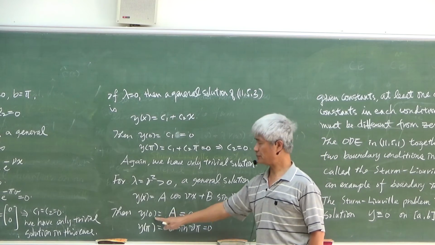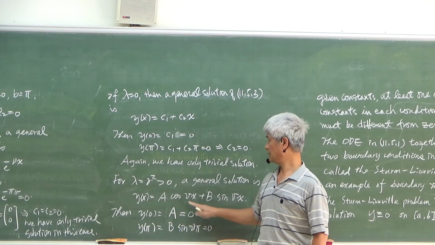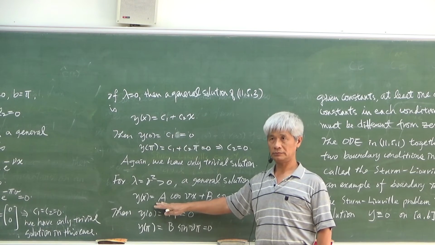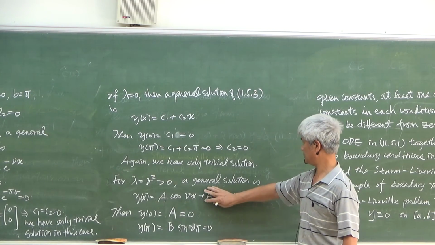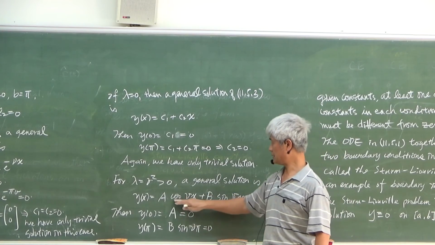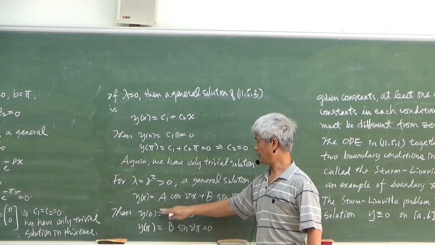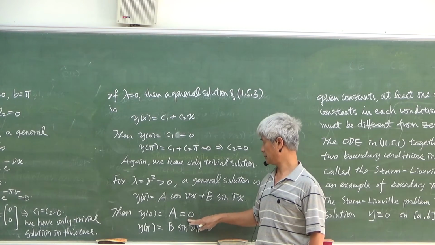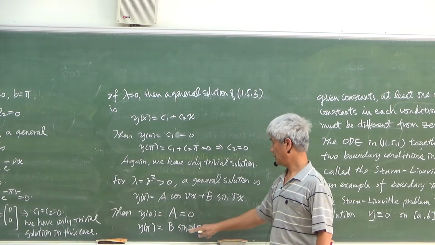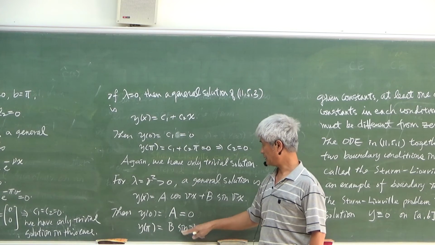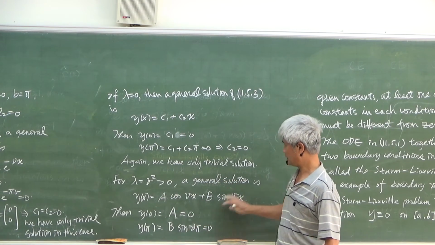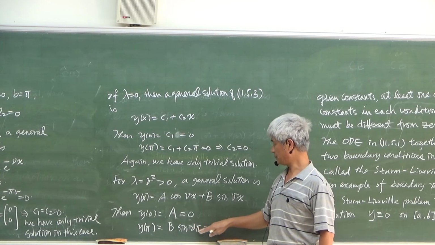The first boundary condition dictates that A should be 0, because when you put 0 here, the sine vanishes and the cosine is 1, so you have A, but A is equal to 0. The second boundary condition tells us that because A is 0, we have only this term: B times sine mu pi is equal to 0.